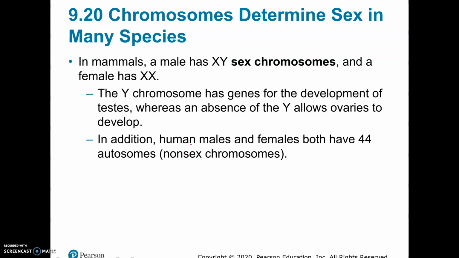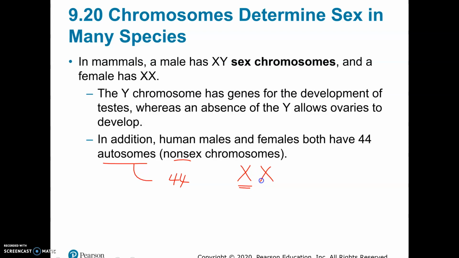And so for any trait that's not on the sex chromosomes, if it's on the autosomes, which is basically any of the other 44 chromosomes you have, aside from the 2 sex chromosomes, those are non-sex chromosomes, and everybody has 2 copies of those. But what if a gene is actually carried on the X, the sex chromosome X?